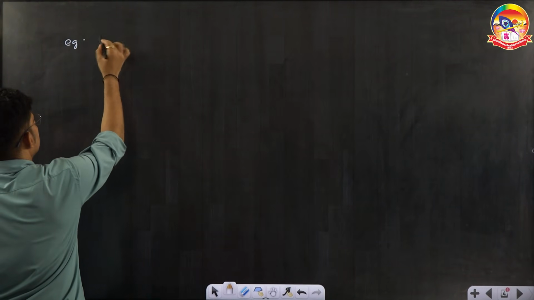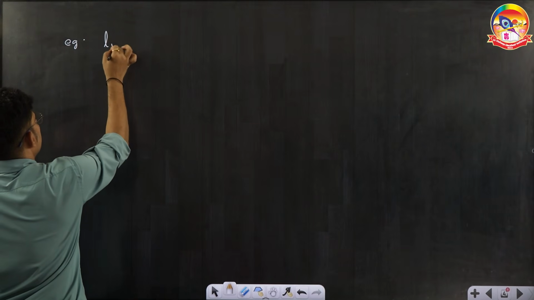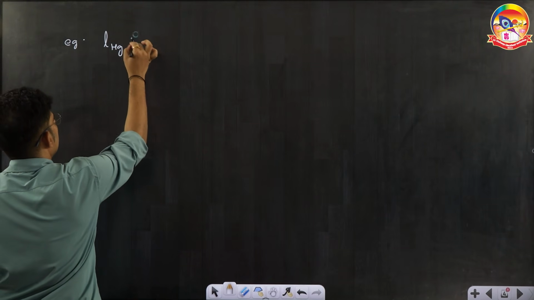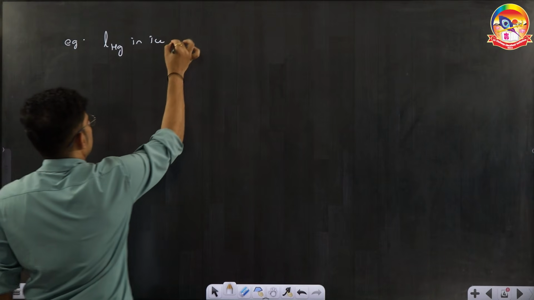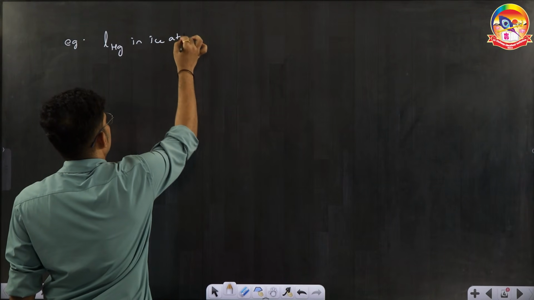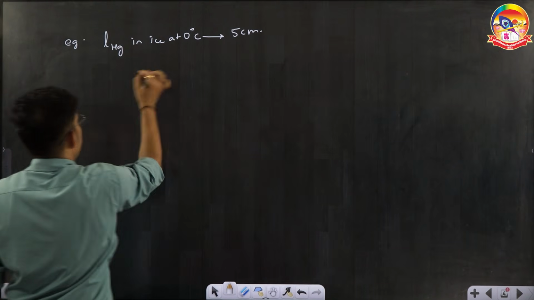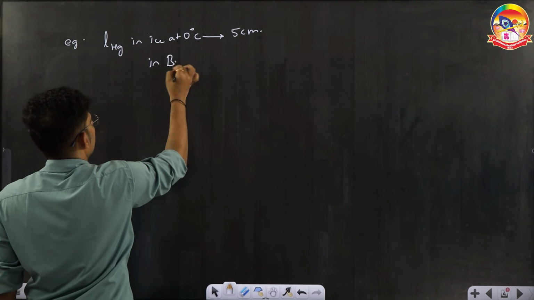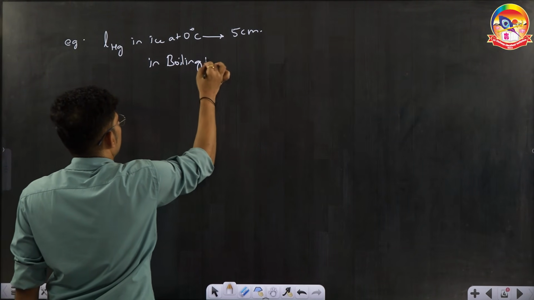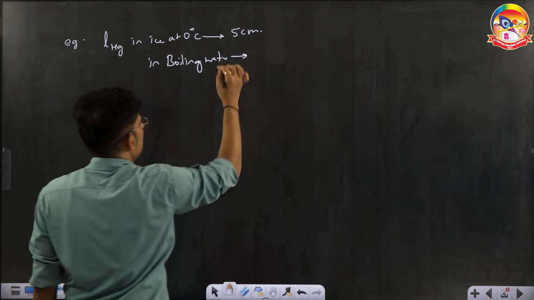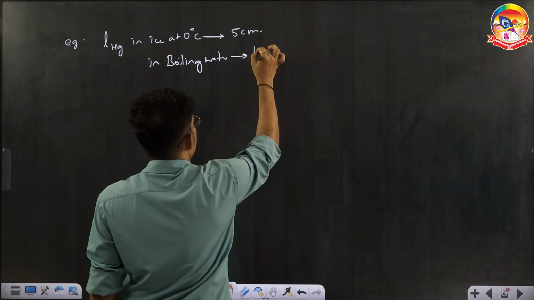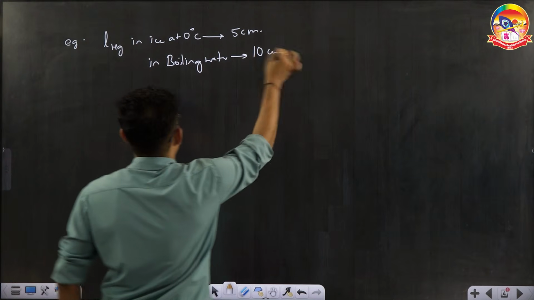We have the length of mercury column in ice at 0 degree Celsius, suppose it is given as 5 centimeter, and in boiling water they have given say 10 centimeter.